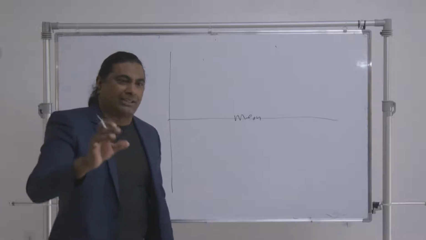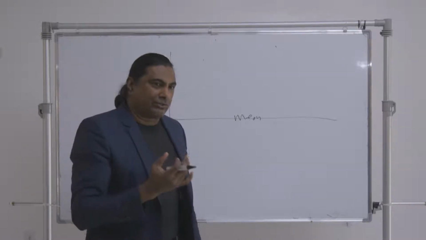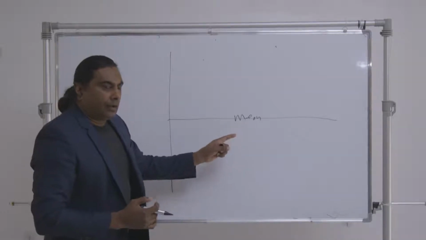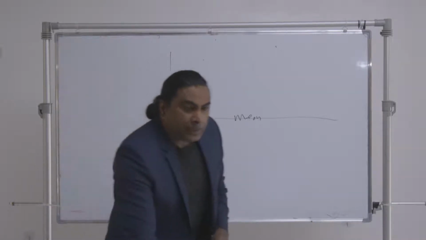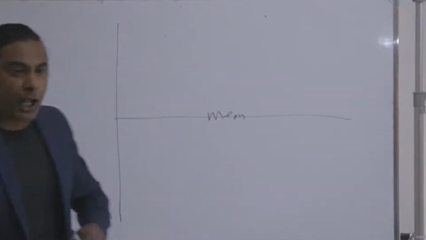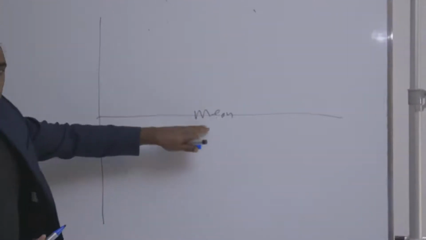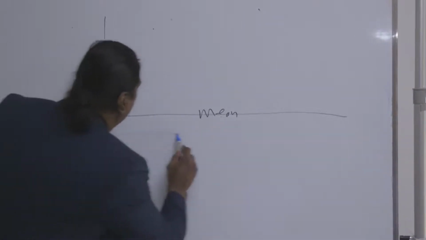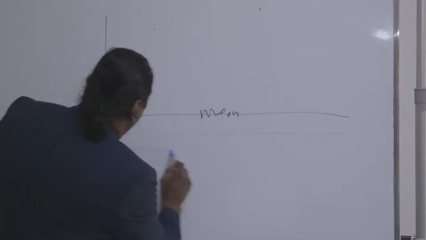We calculate the mean. Vic, maybe if you just want to focus this camera a bit closer on this. So, we've got the mean. And then we also plot, what do we plot? We plot 3 standard deviations below.